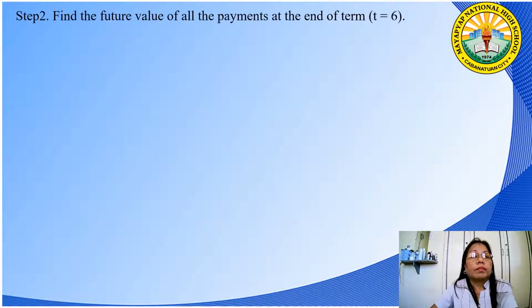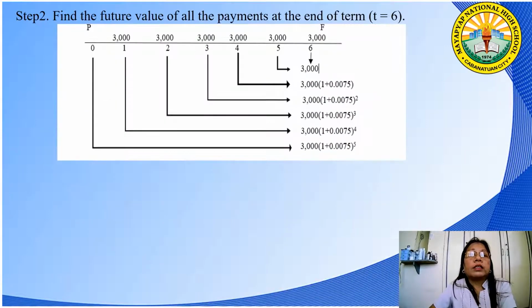So the second step is to find the future value of all the payments at the end of the term, where T equals 6 months. One basic concept is the time value of money. An amount such as 3,000 at T equals 1 has a different value than 3,000 at T equals 2 or 3,000 at T equals 3, and so on.